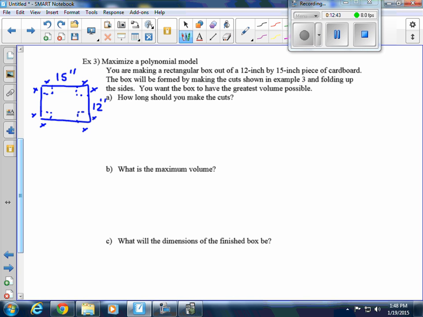Well, we want to figure out what this function should be. We know that for the new box, we want to find the volume. So the new box should be 15 minus 2x by 12 minus 2x times x, and that's going to equal our volume. So we really want to find out what x is going to be in this case.